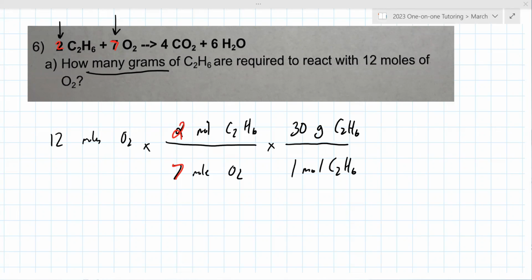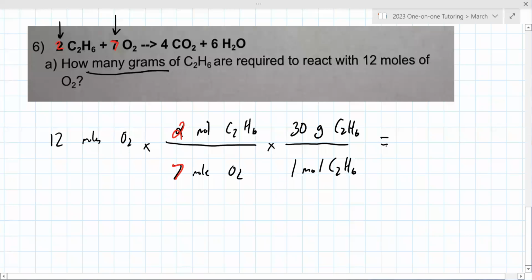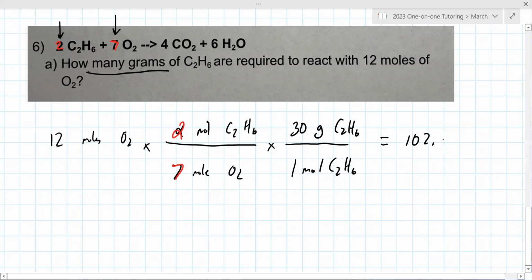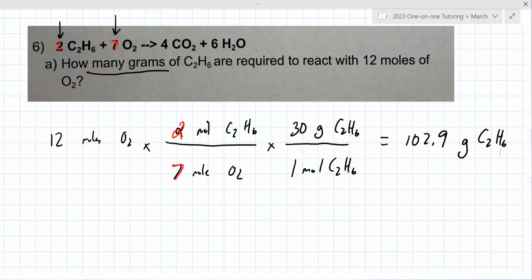The other ones have been kind of nice, but let's go to 1 decimal place on this one. 102.9. Okay, and make sure you have your units, your grams of C2H6.